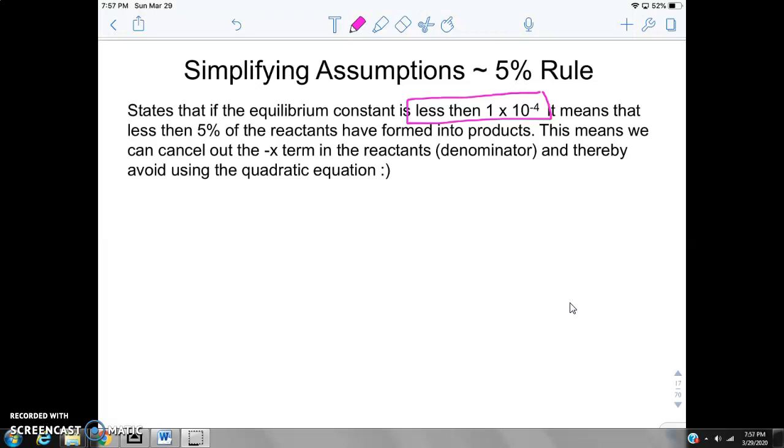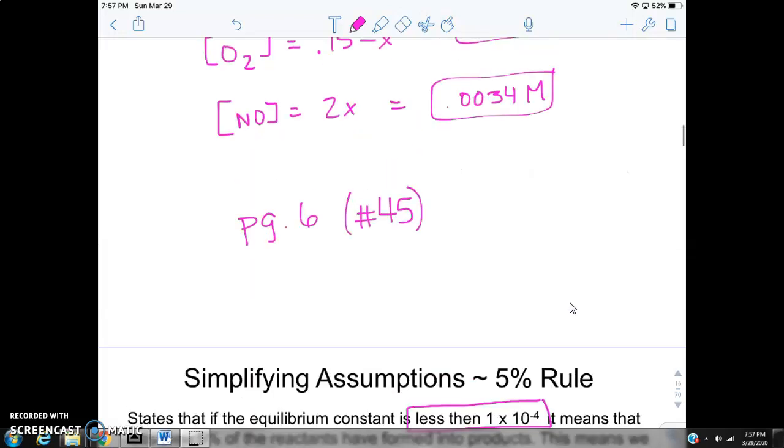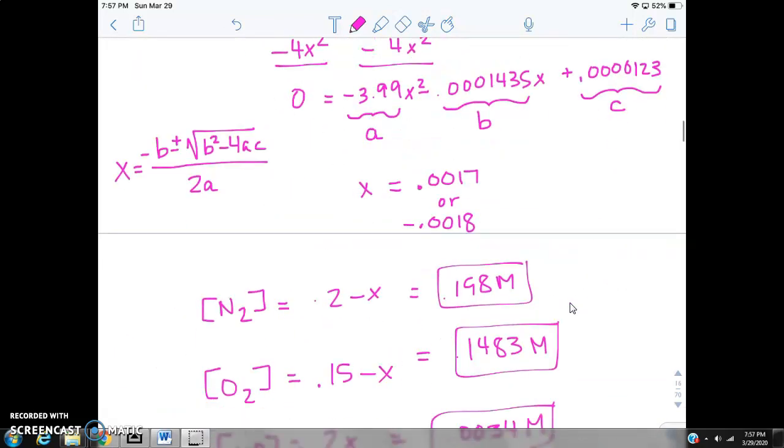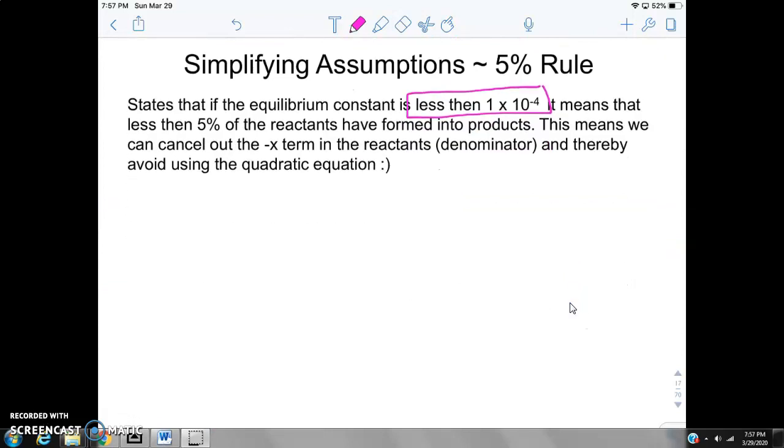On the reactant side, where we wrote the change, the minus x, you can completely ignore that as if that change didn't even happen, because so few reactants turned into products that it's not even worth counting. So then what would be my concentrations for N2 and O2? They would just be 0.2 and 0.15 even at equilibrium.